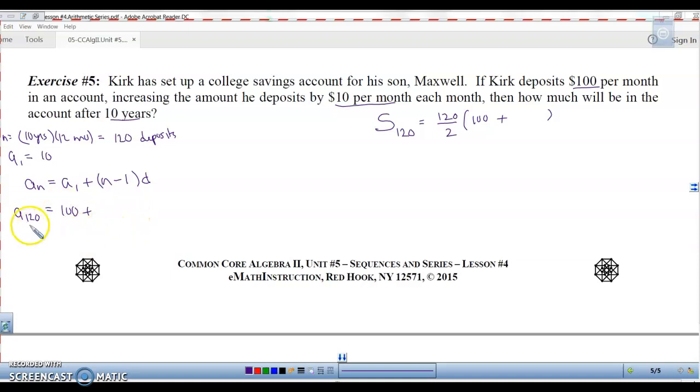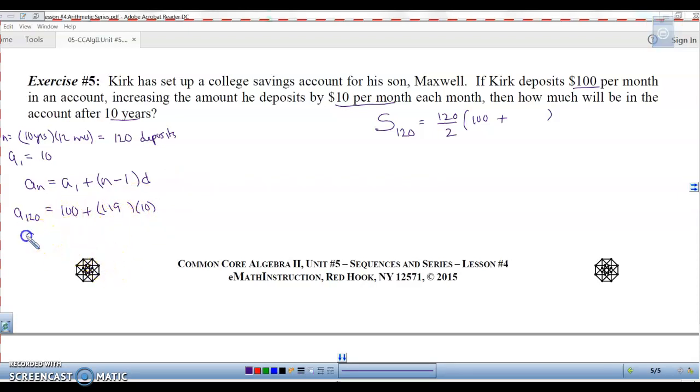If you're going to the 120th term from the first term, how many times are you going to add? You're going to add 119 times, because it's always going to be one less. And then you're going to add $100, excuse me, not $100 a month, $10 a month. Sorry about that. $10 a month, 119 times, because you start at the first term and add 119 more.